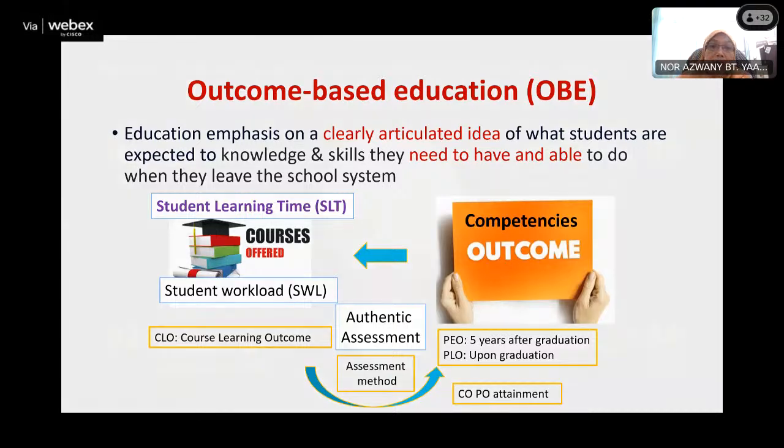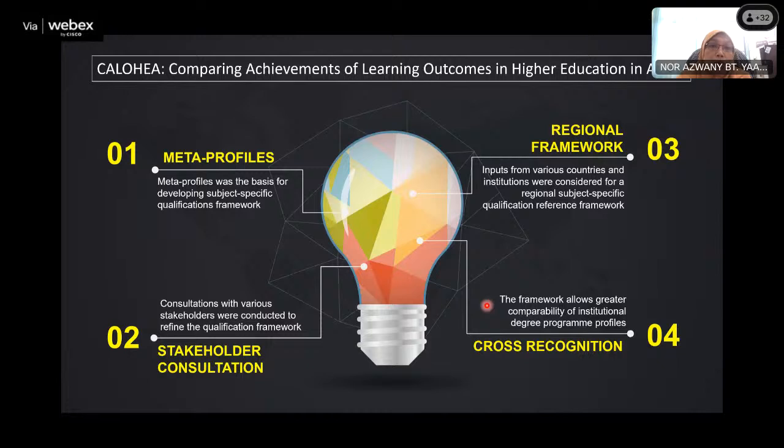So, going back to CALOHEA, as mentioned by the two speakers, we need to do the meta profiles, which is developing a subject-specific qualifications framework. Then we consult our stakeholders to refine the qualification framework.